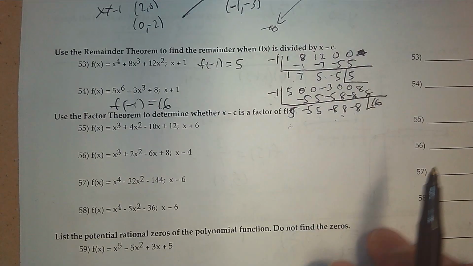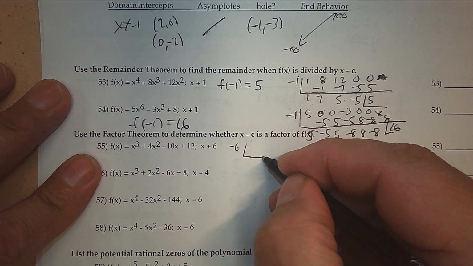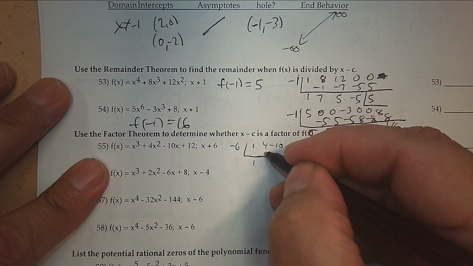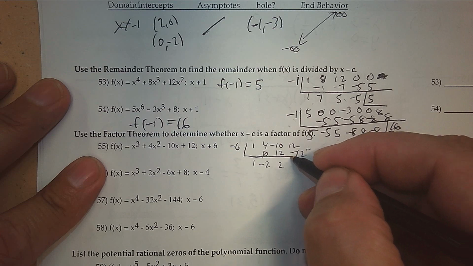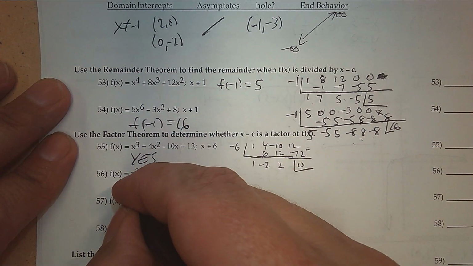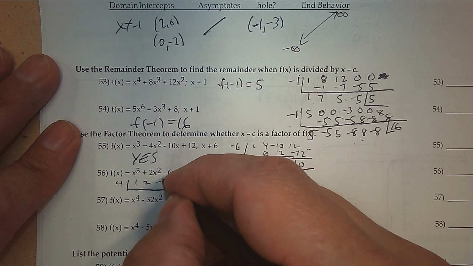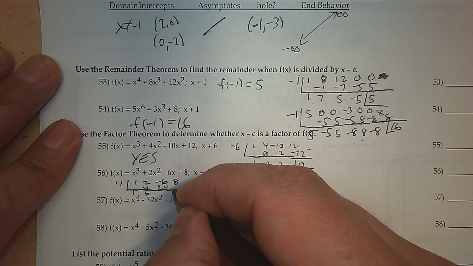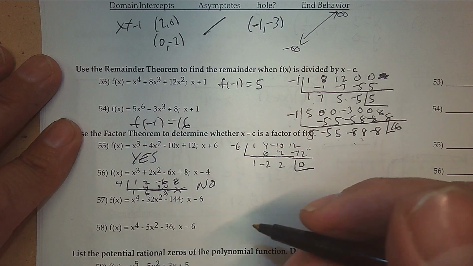All right, 55. To use the factor theorem, to see if it's a factor, we're just looking to see if the remainder is 0. So yes. This one's no. Don't care, the remainder is not going to be 0.